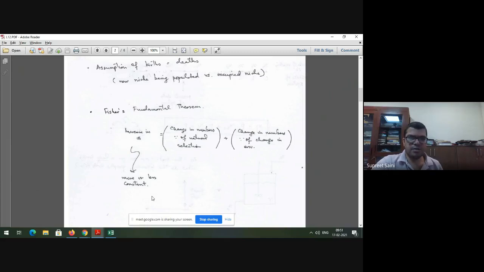Numbers of every species stays more or less constant. So if this is happening in conjunction with natural selection in action, which would imply that organisms are getting fitter, then something else needs to happen too. And that something else, Fisher says, is the change in numbers because of change in the environment.